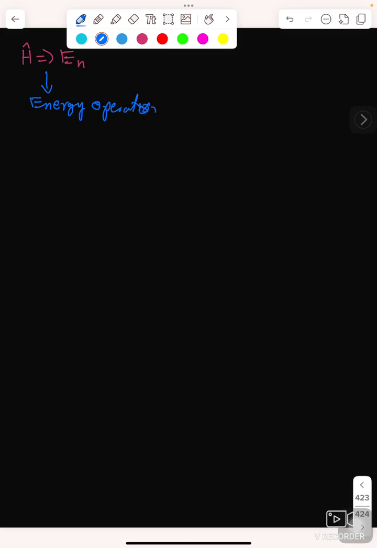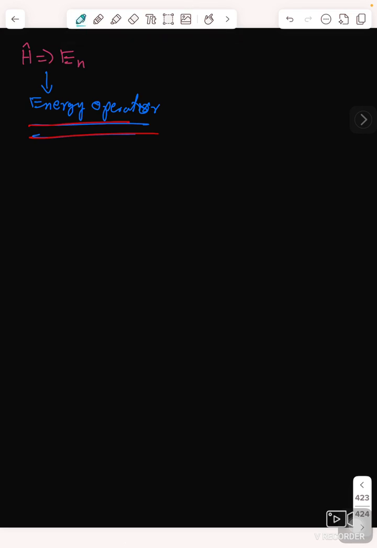It gives the energy of the physical quantity in different situations, because the energy changes from situation to situation. So now we'll expand this even further.